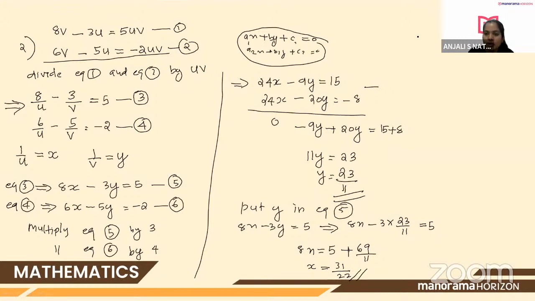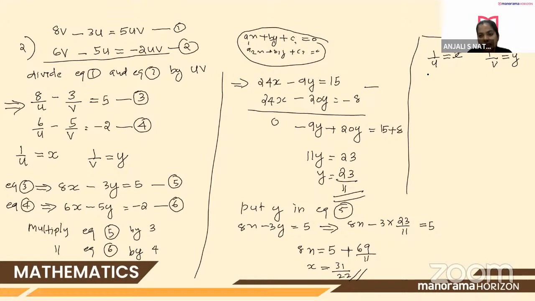Okay. So we have to find the values of u and v, right? We got x and y here. We know that 1 by u is equal to x and 1 by v is equal to y.